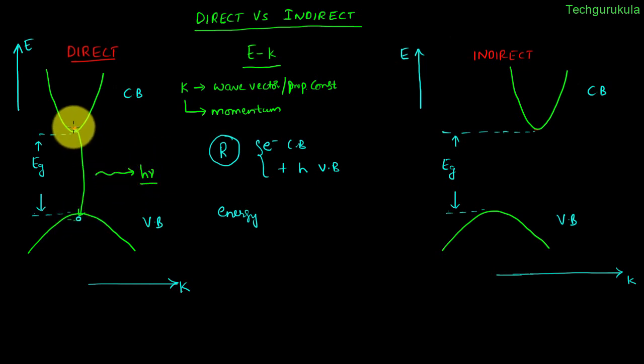Now, when this electron transitioned into this state and filled it, the energy is conserved, and at the same time, we have talked about that K is related to something called momentum. And in general, momentum should also be conserved. But in this case, if you see, the electron and hole are actually matching with respect to the momentum. Basically, the momentum is also conserved. So that's why when it actually recombines, it gives rise to a photon.